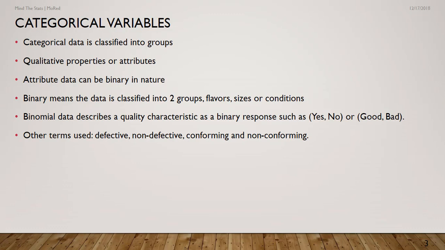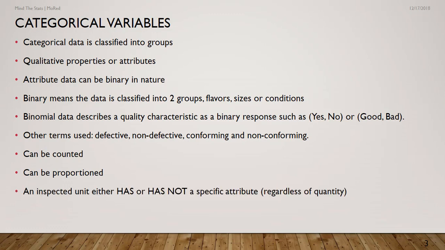In manufacturing, we use terms such as defective, non-conforming, or conforming, or non-defective. Categorical or binary data can be counted and proportioned. So an inspected unit either has or has not a predetermined quality.